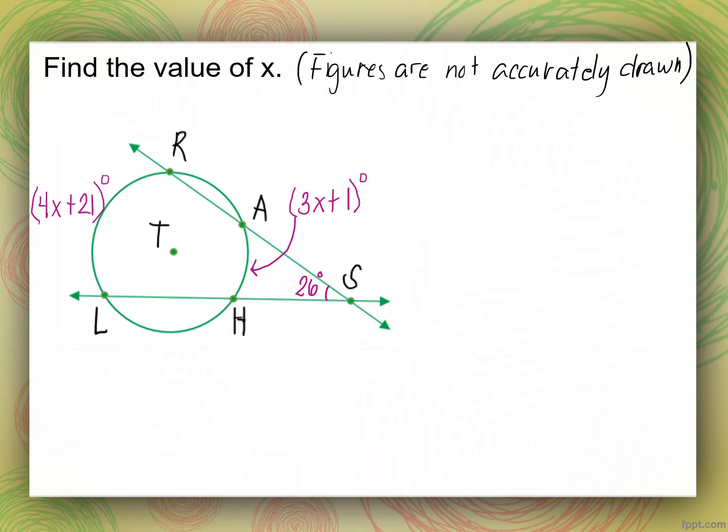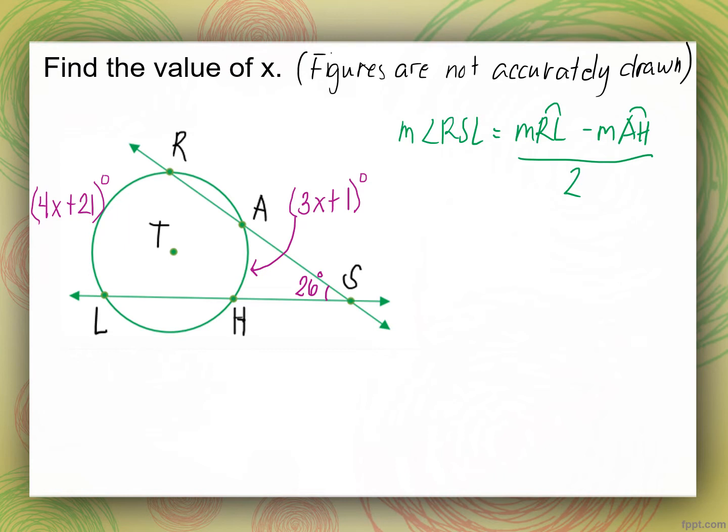So let's write it again. So the measure of angle RSL is equal to the measure of arc RL minus the measure of arc AH divided by 2. Okay, so let's substitute the given information here.